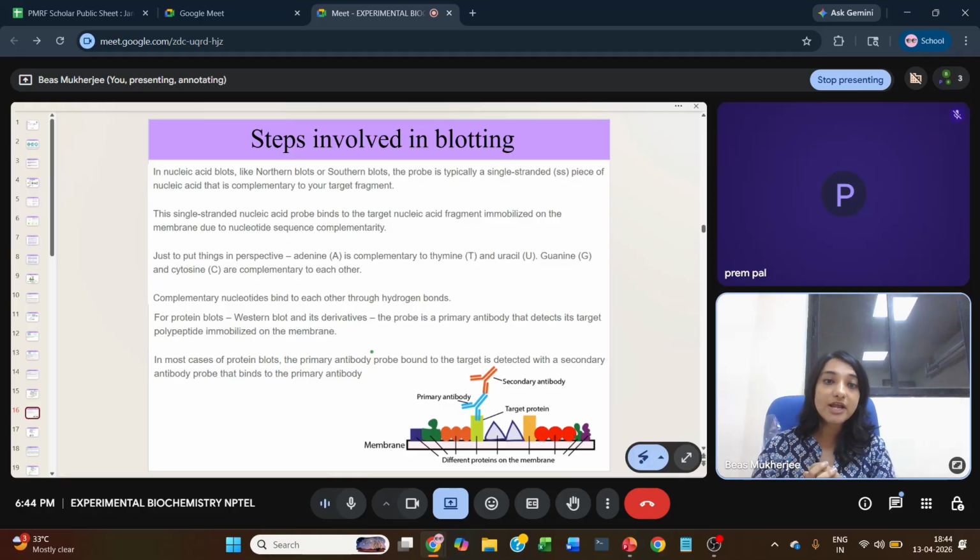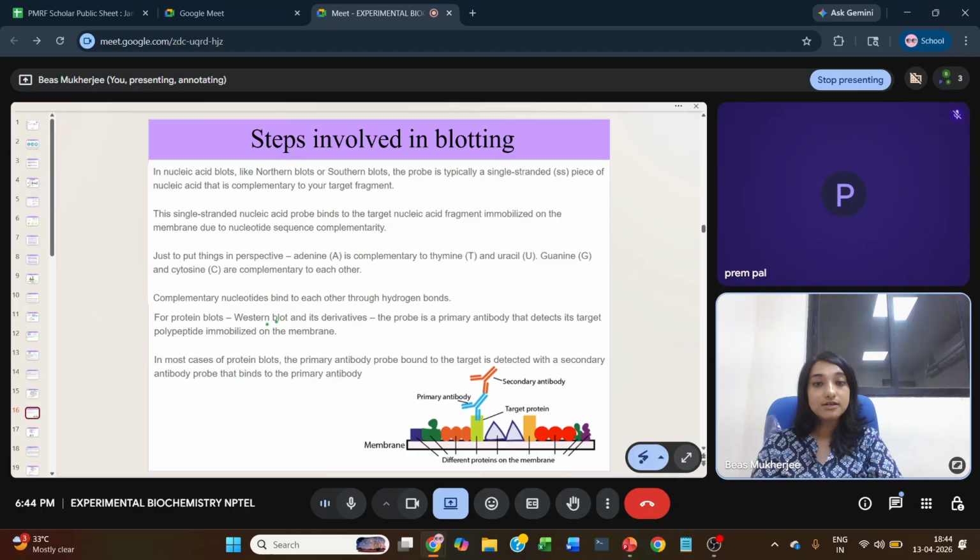The probe is the primary antibody and it detects a target polypeptide immobilized on the membrane. In most cases of protein blots, the primary antibody probe bound to the target is detected with a secondary antibody. Now the secondary antibody is often labeled, and it comes and binds to the Fc region of the primary antibody.